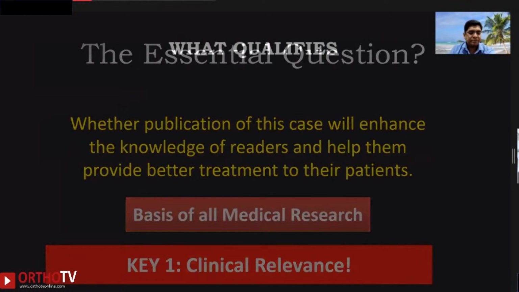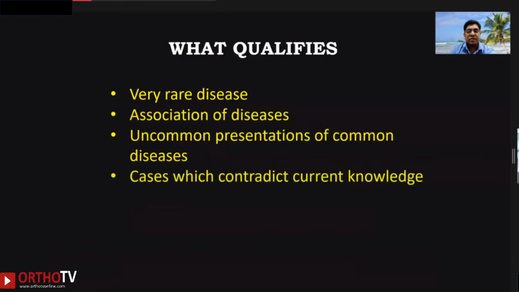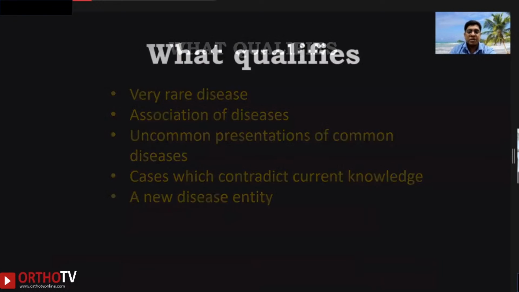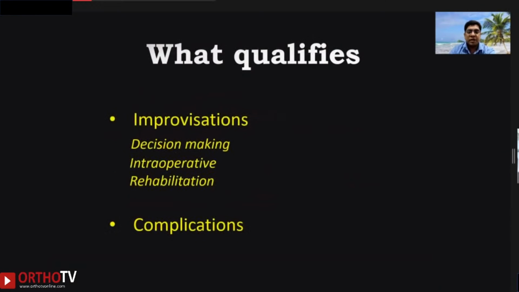What qualifies? Very rare diseases, association of diseases, uncommon presentation of common diseases, cases which contradict current knowledge, a new disease entity. These are all established as case report criteria in most case report journals. But most importantly, for us in orthopedic surgery, improvisation: decision-making that changes intraoperatively if there is an event occurring and you have managed it.